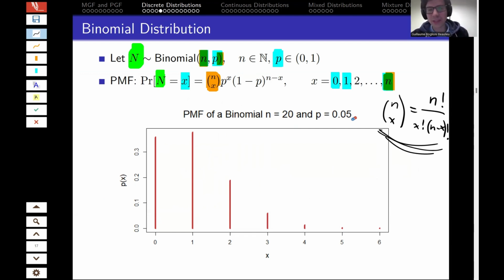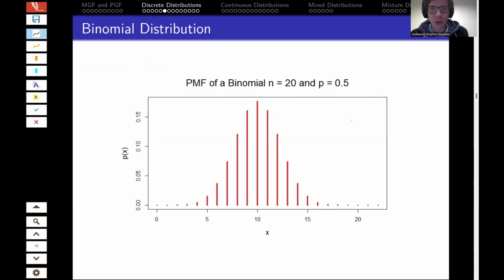You can formalize this mathematically, but I'm just giving you this result qualitatively. And if you have n times p relatively big, and again I'm being a bit imprecise here, the binomial looks more and more symmetrical, with the bell-shaped form.